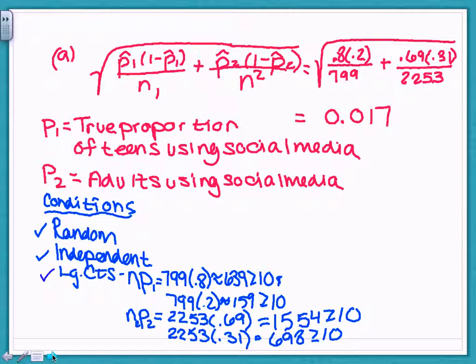So our large counts condition is met, and so we know a normal approximation would be able to be used in this situation. Okay, and so now we are ready to run our confidence interval.